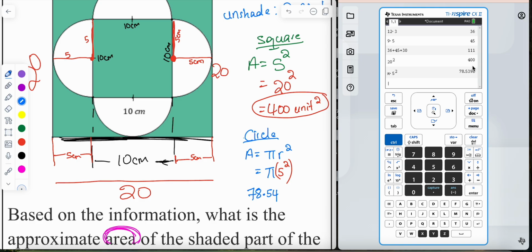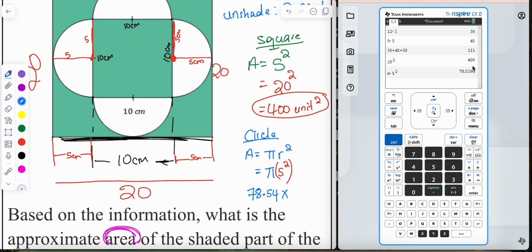Now be careful. This is the area for just one circle. But remember, we have 2 circles. This half and this half makes one circle. This half and this half make another circle. So we have 2 circles. This is the area of one circle, so the area of the other circle would have to be the same because they are identical.